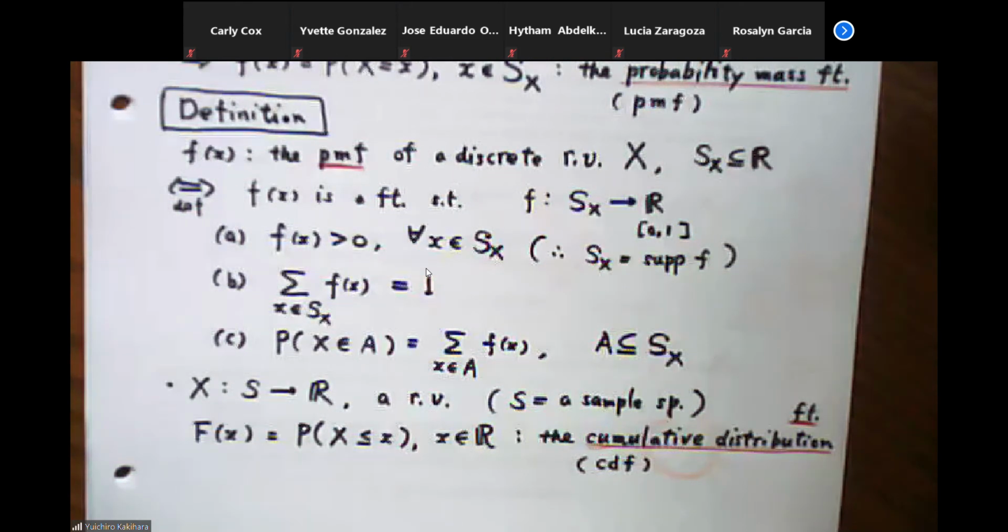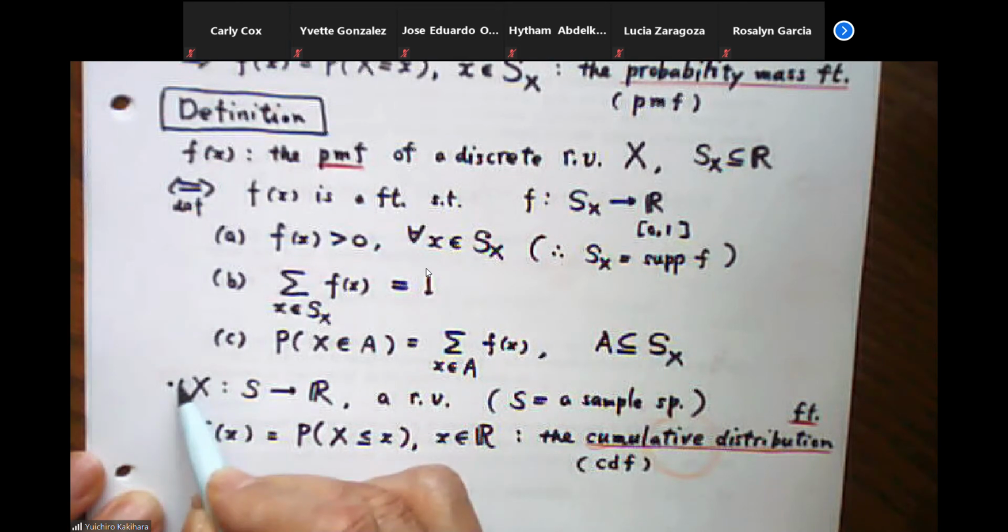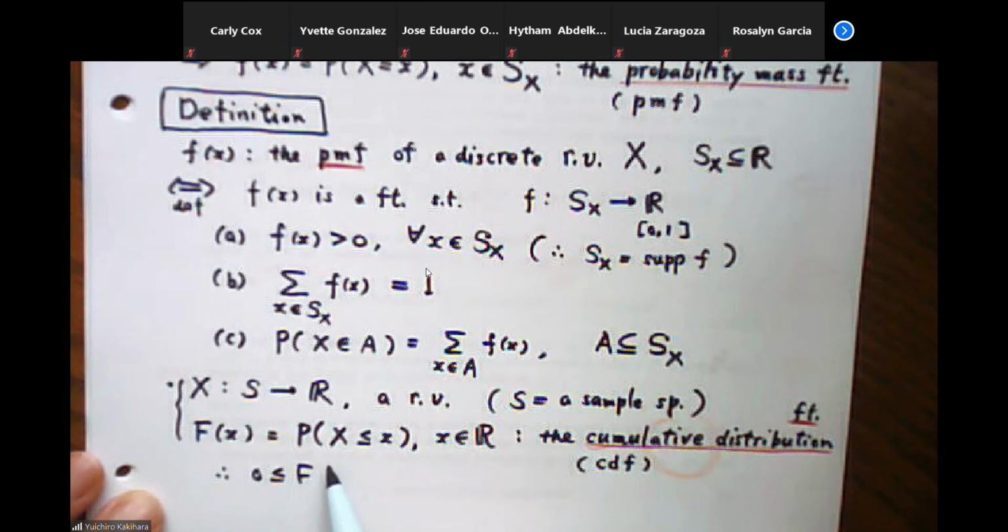So that's one. This is a probability, so this number is between 0 and 1. So the property is that F of x is between 0 and 1, and this is true for any x. Is that right?